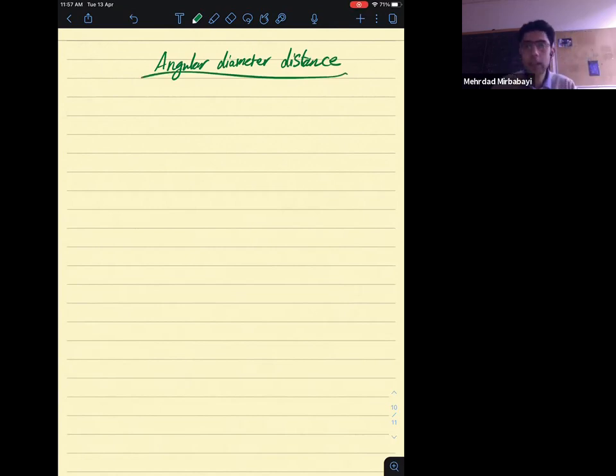Oh, and by the way, these rulers might sound a bit artificial to you, but actually we do have standard rulers in cosmology. There are things whose physical size at a particular time we know with relatively good accuracy.